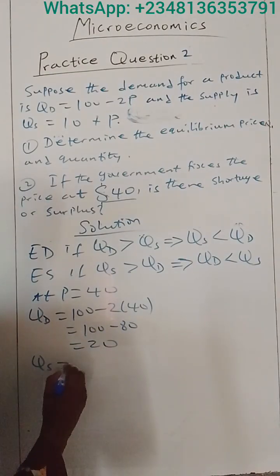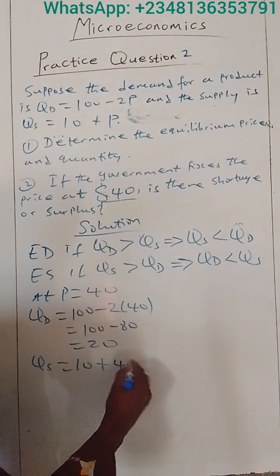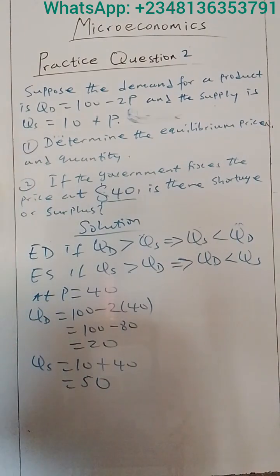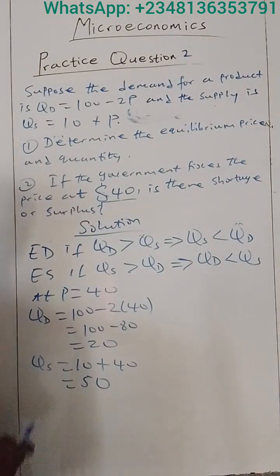Also, QS is equal to 10 plus P, that is 10 plus 40 now. Then this will be equal to 50. Okay, you can see QD is equal to 20 while QS is equal to 50. So QS is greater than QD. So in other words, we have surplus.